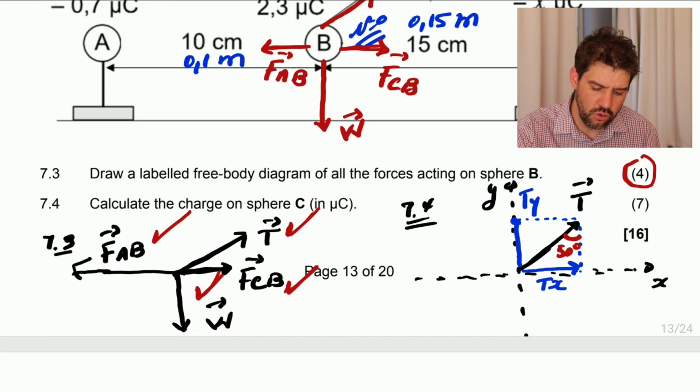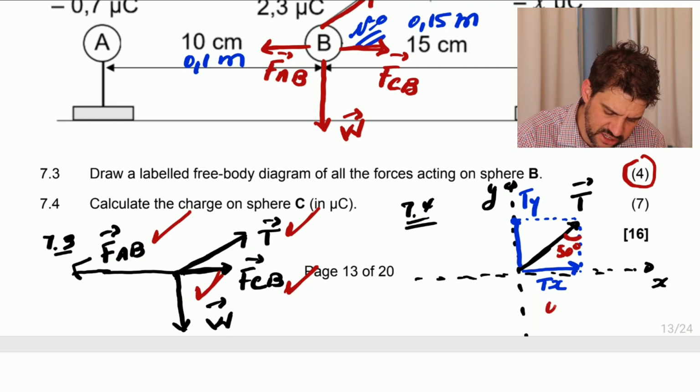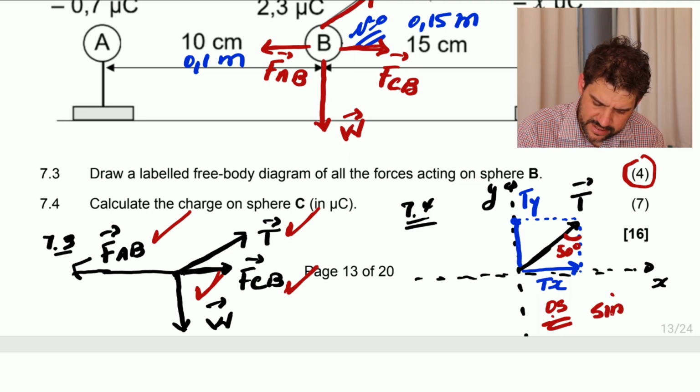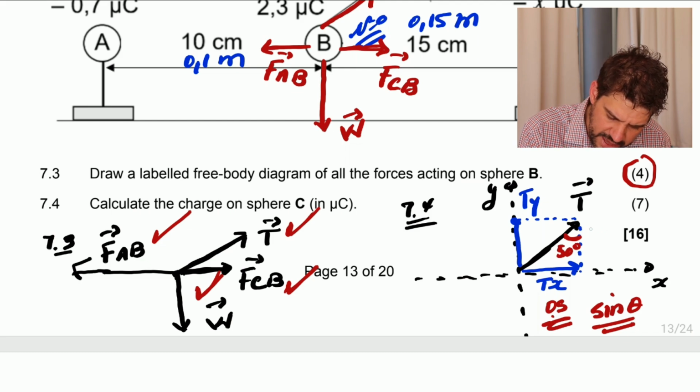If you look at that one, you can see that T in X is what we call the opposite side. In other words, we are going to use sine theta. If you look here, T in Y is the adjacent side, and that is when we are going to use cosine of theta.